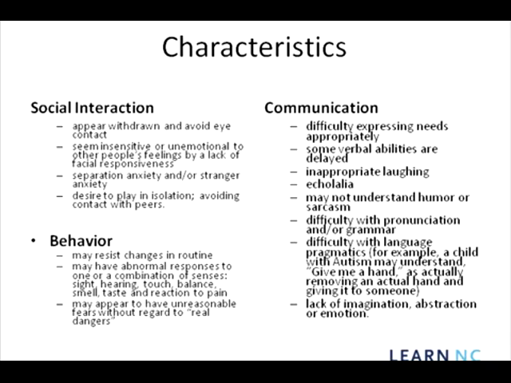They may seem insensitive or unemotional to other people's feelings by a lack of facial responsiveness. A lot of students with autism have separation anxiety and or stranger anxiety, and a lot of individuals with autism desire to play in isolation. They prefer to be by themselves and avoid contact with peers.